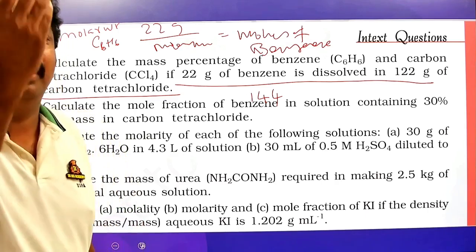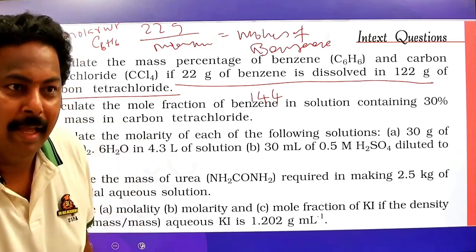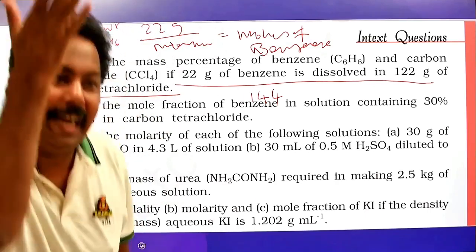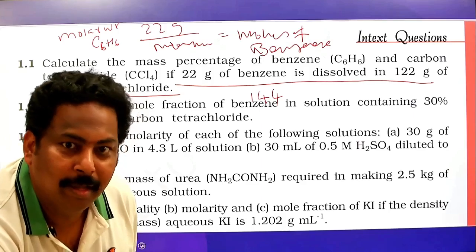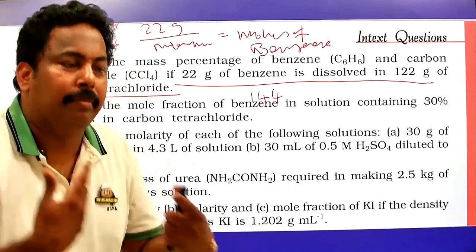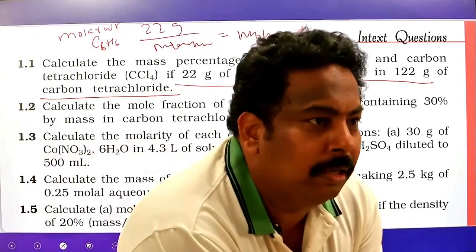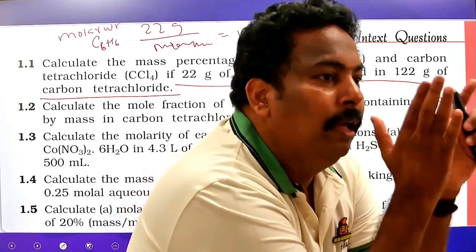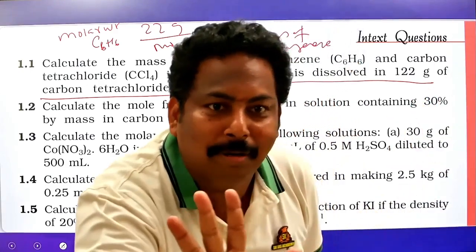Whether the mole fraction is in volume or in grams, fraction is what is important. Whether it is in grams or liters or milliliters, how does it matter to us? We are going to take only the fraction component of that particular solute. Are you able to understand?